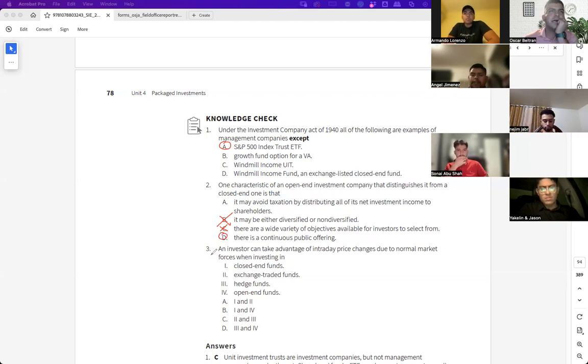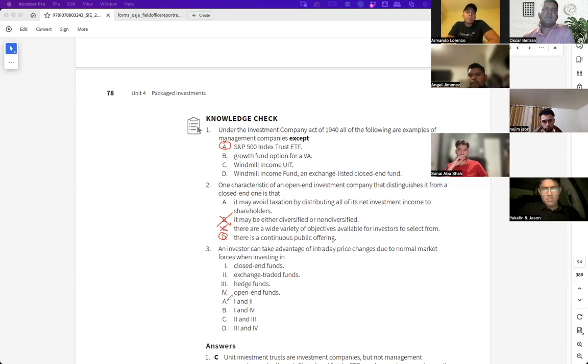Okay. And then three, an investor can take advantage of intraday price changes due to normal market forces when investing in, what do you guys think it is? One and two.